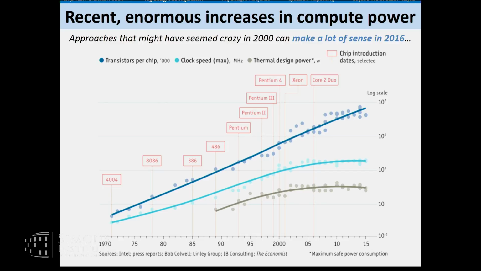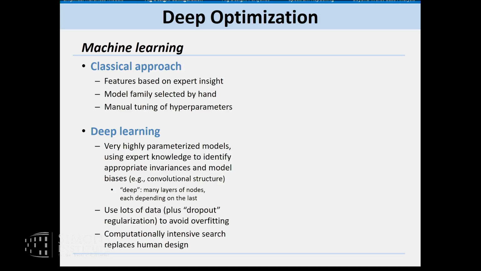I think that's indeed where the deep learning breakthrough has come in. Deep learning can really be understood as saying, look, machine learning used to say, come up with your features very carefully, thinking about it as an expert, tune your model family by hand, tune your hyperparameters with little experiments. And really, the deep learning people said, computers have gotten fast enough that we can actually do something crazy here. We can have really highly parameterized models that rely very little on expert knowledge.